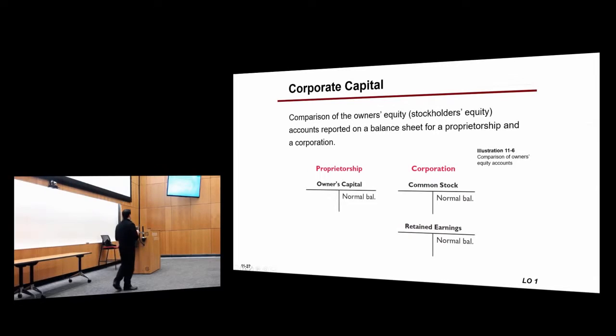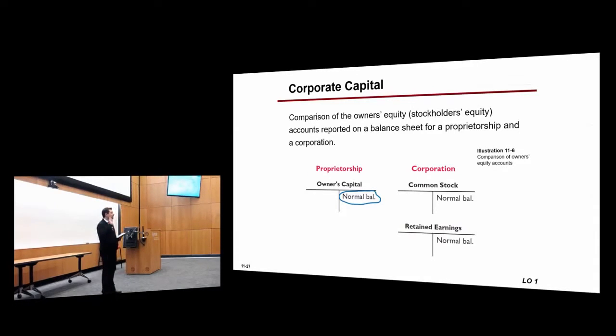For proprietorship, it will be one capital account for the owner. If it is a partnership, it would be one capital account for every owner. So it would be owner one's capital. Then the normal balance is, as usual for equity, credit. It has a normal credit balance.